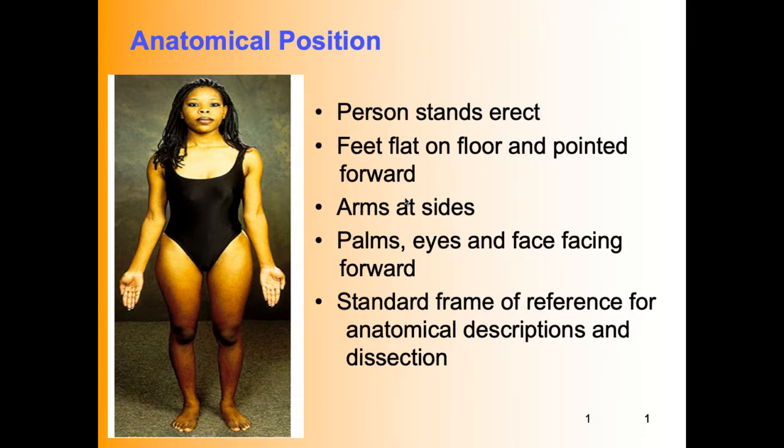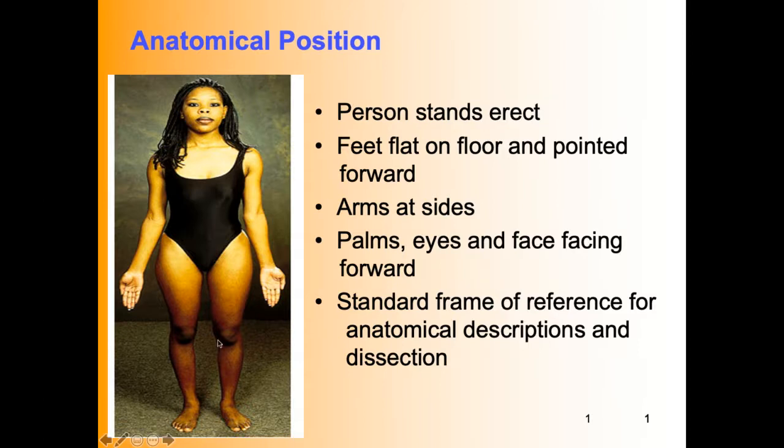When we look at an individual that's standing facing forward, as we see here in this first picture, we call this anatomical position. Anatomical position is when the person is standing erect, the feet are flat on the floor, the arms are at the side, and the palms of the hand are facing forward, also known as facing anterior or anteriorly.